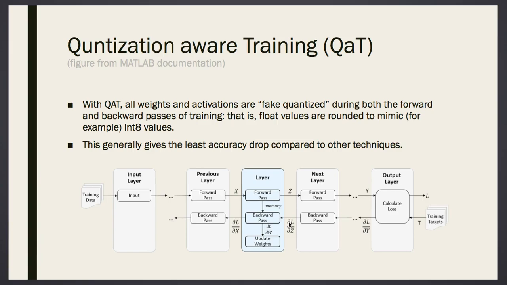That's called backpropagation. We do this iteratively, and we find our weights. So, I told you, if you want to learn training in very detail, you need to take the previous semester's course. In this course, we are trying to learn how to make this training architecture quantization aware.